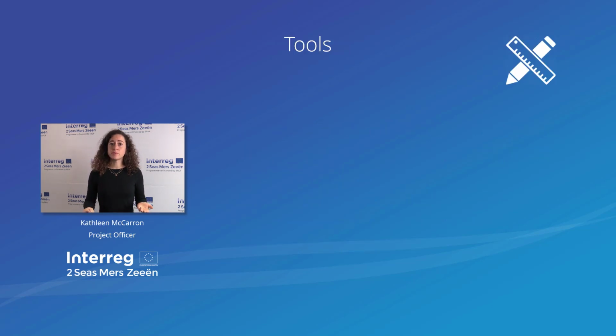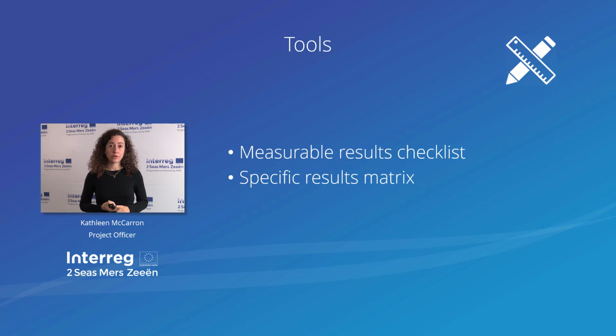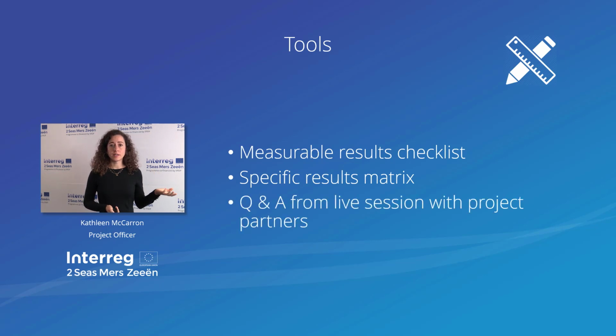Some tools that could be useful: you can find on our website the checklist on measurable results that we mentioned at the start. You can also find the matrix with all the specific results categories and types. We also did last year a live Q&A with lead partners, and we drafted a document to summarize the questions and answers that were raised during this webinar.